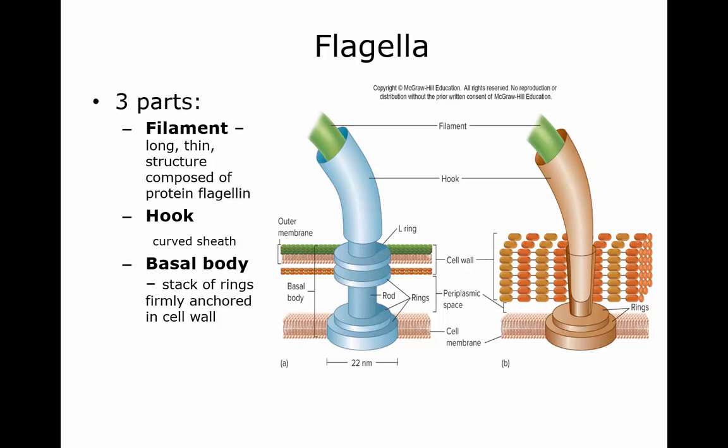Looking at the flagella specifically, you can see the green. That represents the filament, and that has the protein flagellin in it. The hook, the blue area in figure A, and the beige area in figure B, that's a sheath over the filament. And then the basal body, that's that stack of rings at the bottom that you see that anchors it in the cell wall.